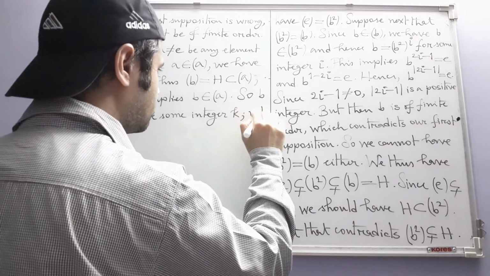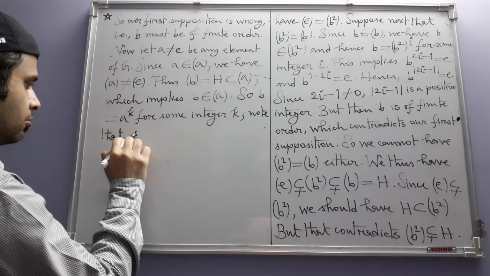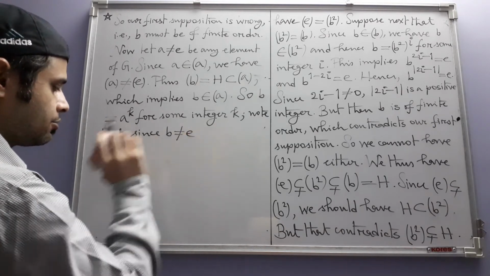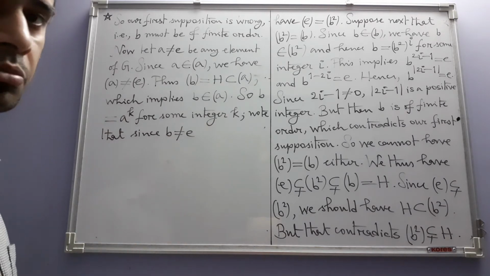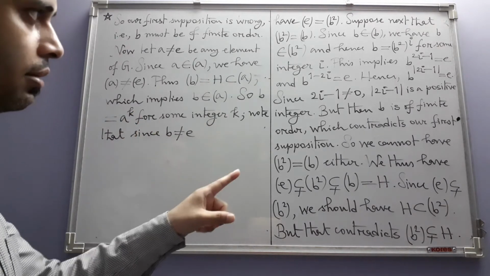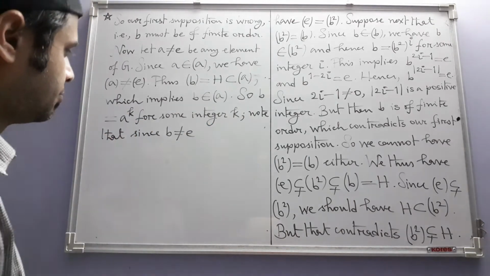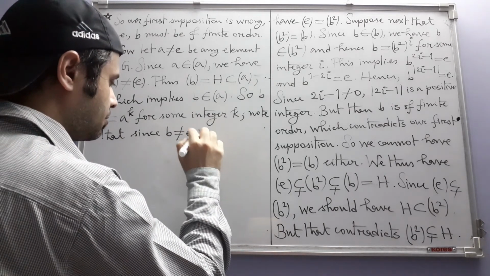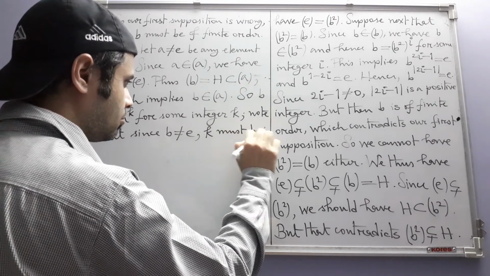Can we say something more about K? Note that since B is not equal to the identity element, keep in mind our choice of B. B was any non-identity element in that intersection H. So since B is not equal to identity, K must be non-zero.